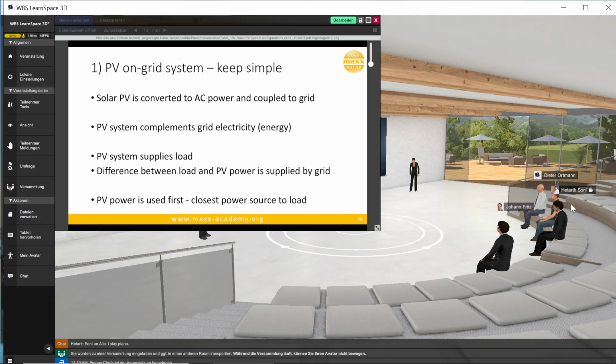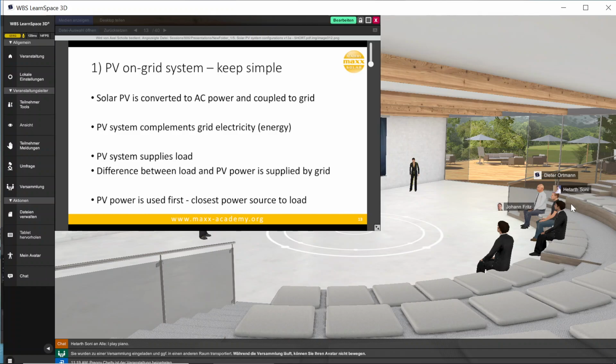A system like that supplies the loads, and the difference, the shortfall, is supplied by the grid. That's really the beauty of the system. It is not responsible for keeping the lights on. As long as one has a grid supply, one can offset one's own electricity, but if that system fails, it's not a problem, and that obviously is the beauty of such a system.